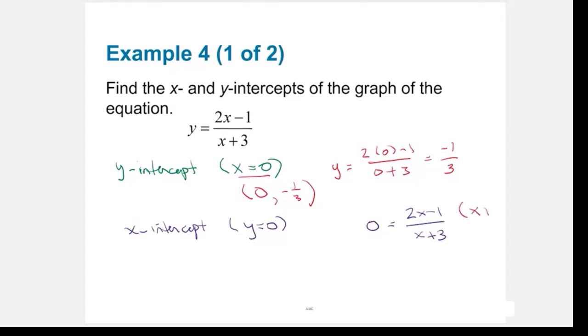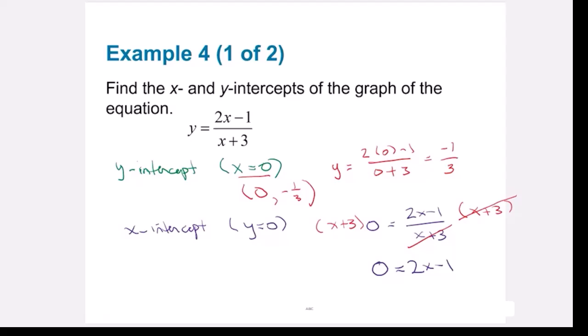So we have x plus 3. I'm going to multiply both sides by x plus 3, right? And then this x plus 3 is going to cancel with this x plus 3, and 0 times anything is still 0. So I end up with 0 equals 2x minus 1, which is basically what I just said. All you have to worry about is the numerator.